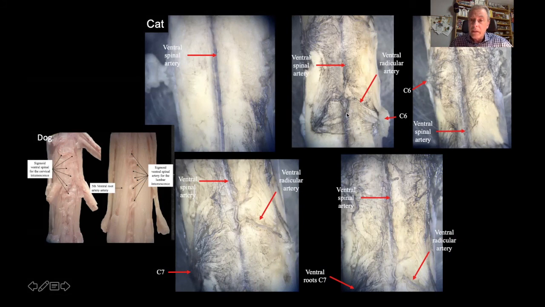You can identify the ventral radicular arteries here. Here we are at the level of C6, and here a bit more caudal at the level of C7. And you see how the ventral spinal artery in the cat does not have this sigmoid shape. It's quite straight.